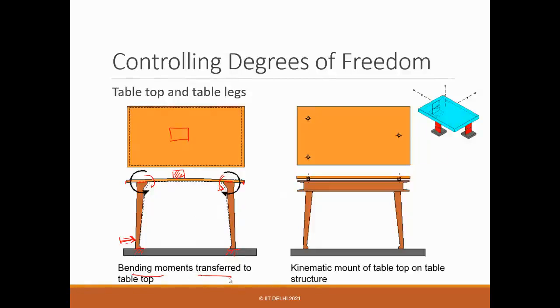So if we follow the exact constraint design principle, what we want is that this table should be constrained with only the 6 constraints, right? And any variation here should not get transferred to this space. So no transfer of bending moment.